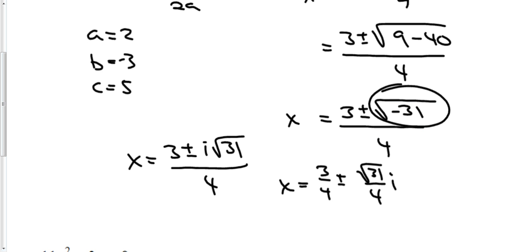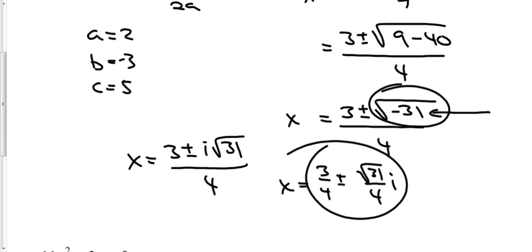Now, first of all, the discriminant, the number underneath the radical, was negative, which means that there were no real solutions, but I still get two solutions. They just happen not to be real.